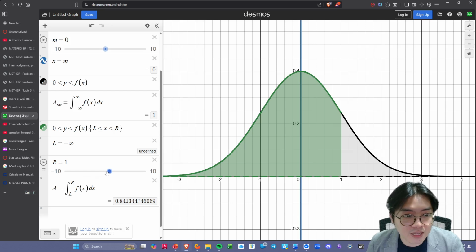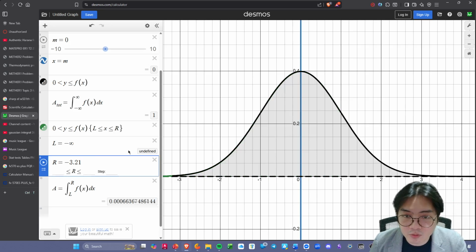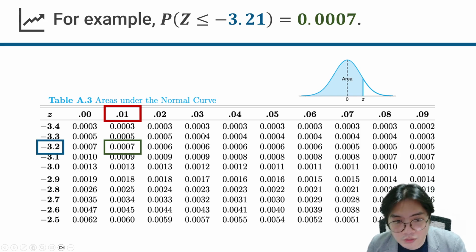If we put negative 3.21 in Desmos, of course, Desmos will agree it is 0.00066, which means 0.0007. Okay? I suppose one of the weaknesses of the lower and the higher values is that there's a lot of 0.0004s, 0.0003s, so on and so forth, right?